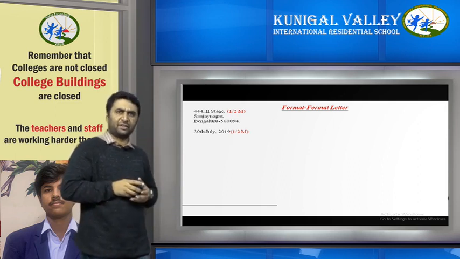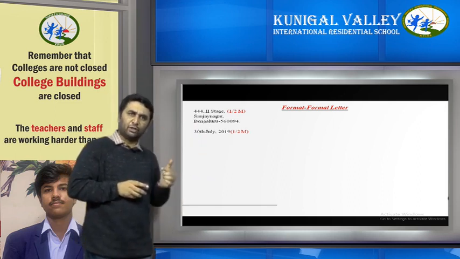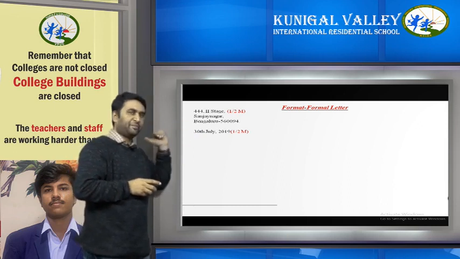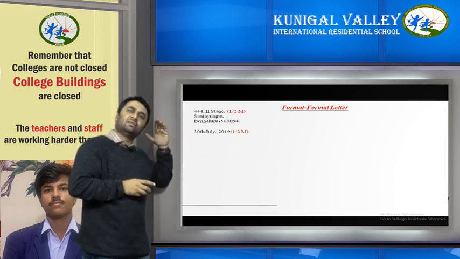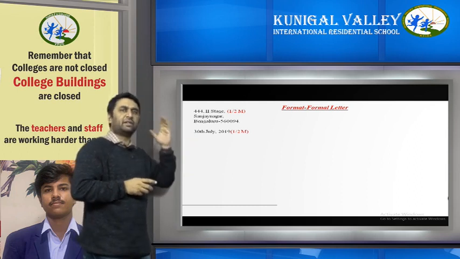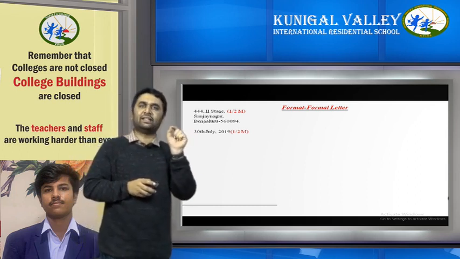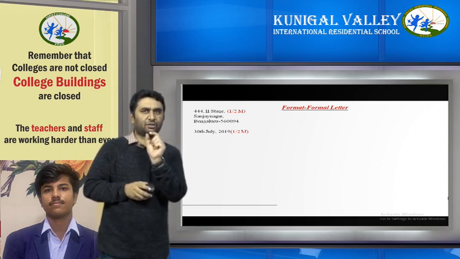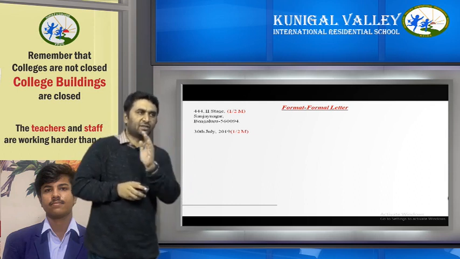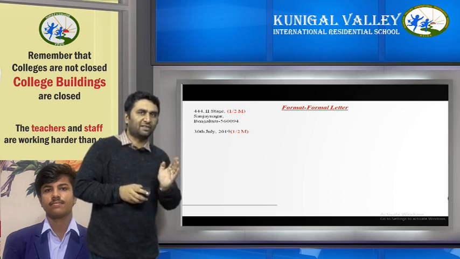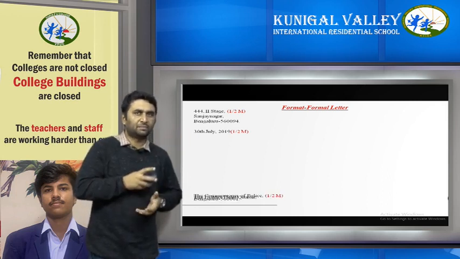Same rules apply here. 30th should be on the line, and July, March, December, January, February, whatever, write the full form, and 2020. After 2020, don't put a full stop. A comma should be placed after the month.